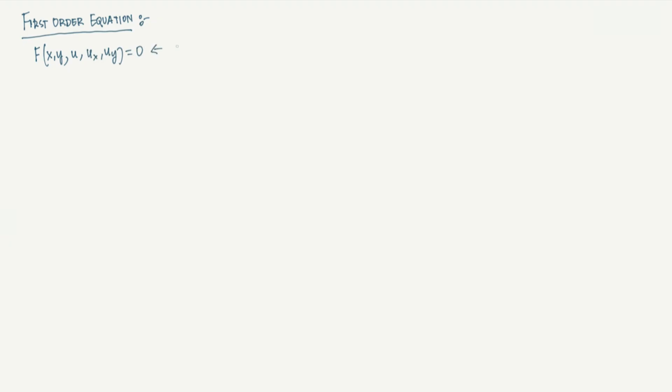So this is basically a general form of a first order equation in two variables. Of course if you make it 3 variable or 4 variable, you just have to add a ux, uy, uz, uw and so on and so forth.